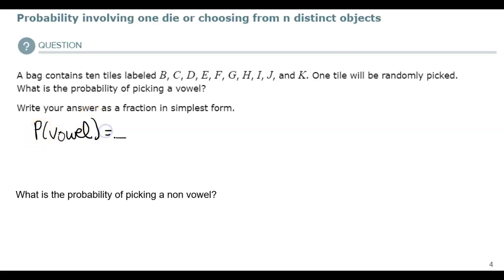Remember, if you go back to slide 2, which is all vocab, theoretical probability is the number of events over the number of sample space.